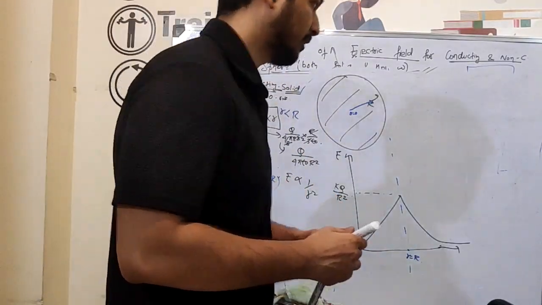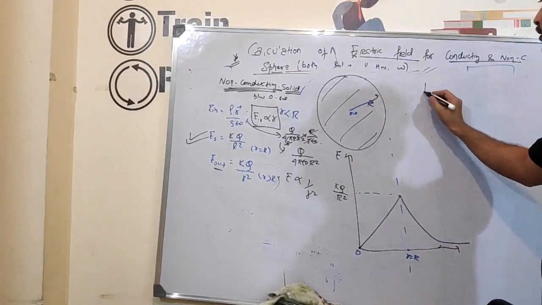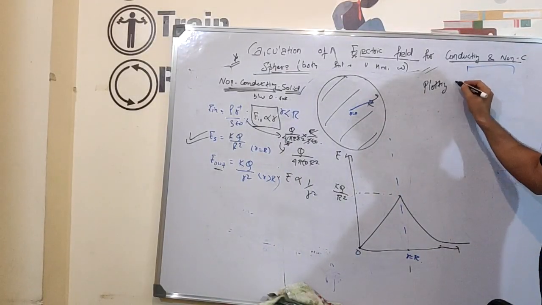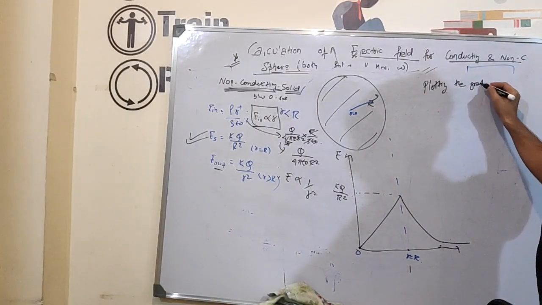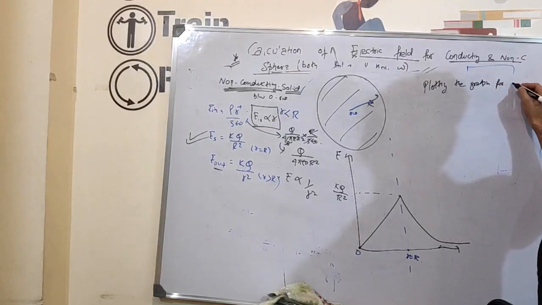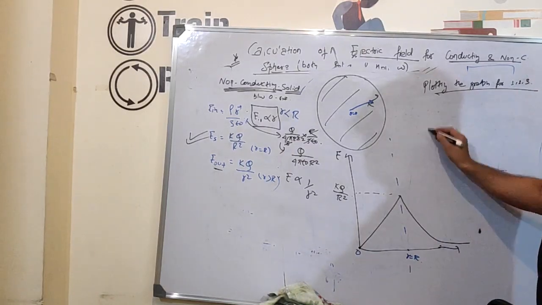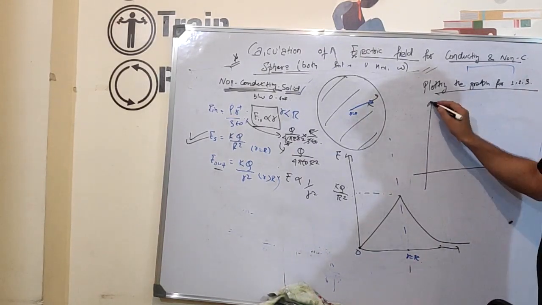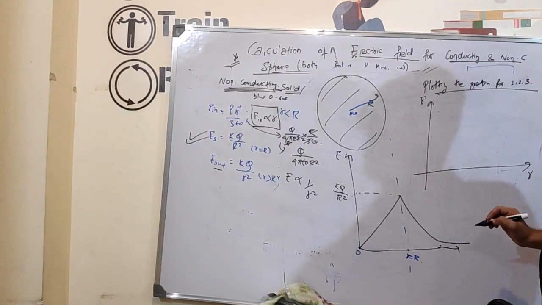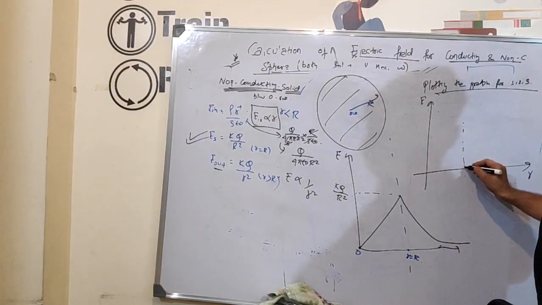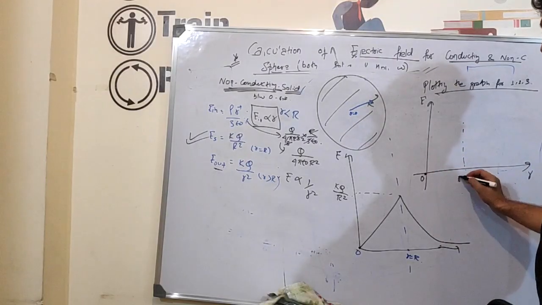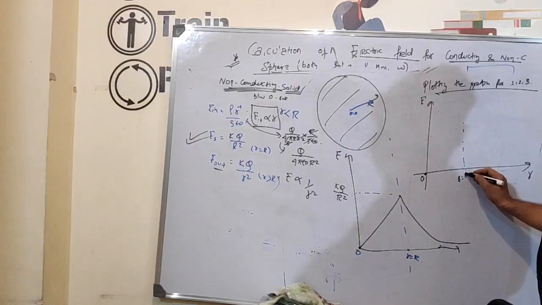If you don't remember it, I'm just plotting the graph for all three, for 1, 2 and 3. The graph was something like this: this was the electric field, this was the radius. Electric field inside, that means from 0 to R, was not having any value.